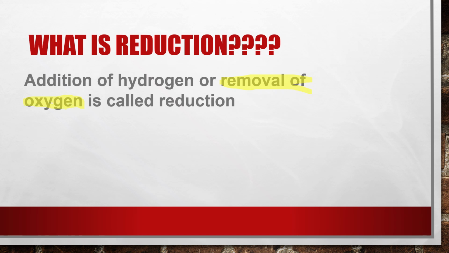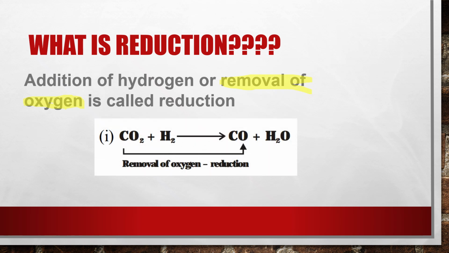That is called reduction, right? The example is like here you can see CO2 is there, but it is forming CO only, carbon monoxide, as a product. So here you can say that there are two oxygens, but on the product side we are having a single oxygen. So this is called reduction.